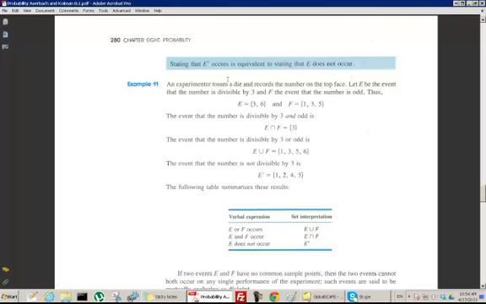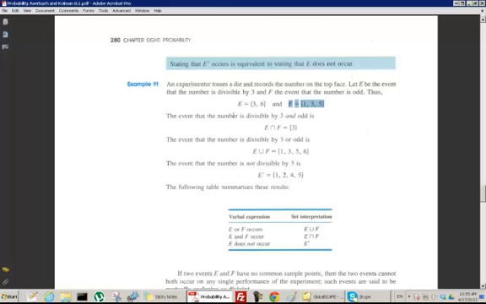Okay, let's look at an example here. An experimenter tosses a die and records the number on the top face. Let E be the event that the number is divisible by 3, and let F be the event that the number is odd. So what are the numbers that are divisible by 3? And what are the numbers that are odd? Right here, right?